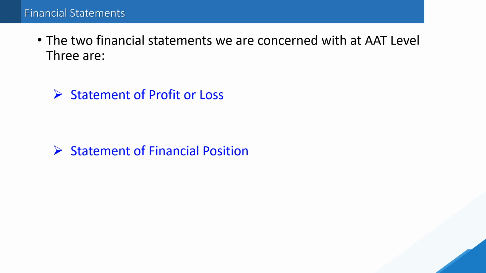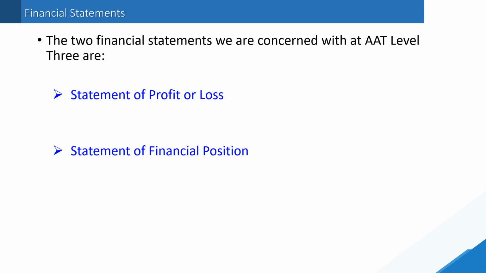It takes away the associated costs of those sales, and it also takes away the overheads, the expenses of the business. And that ultimately helps us derive whether as a business we've made a profit or loss for that accounting period. Really useful with a statement of profit or loss to be able to compare prior periods with each other to see if we can establish trends. Hopefully a trend of increasing sales and reducing costs would be ideal.